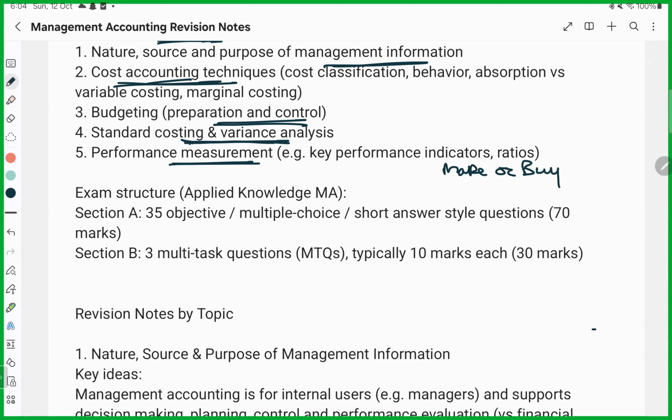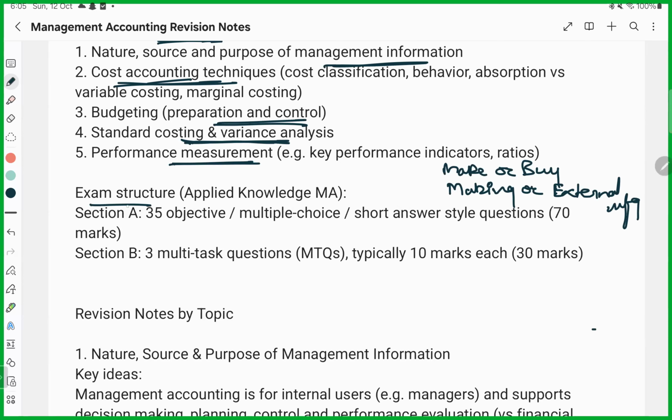Either making the product internally, or sending the product to someone else for manufacturing. These performance indicators help me decide whether we should buy the product or make it internally in our organization, and what amount of cost will be involved if I make the product or if I get it manufactured from somewhere else.